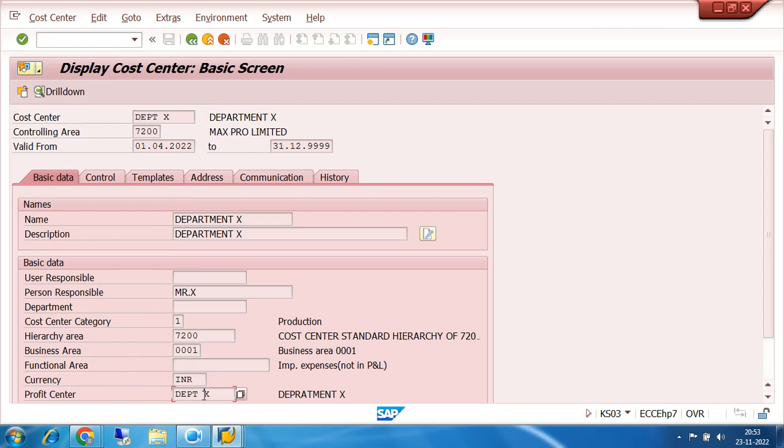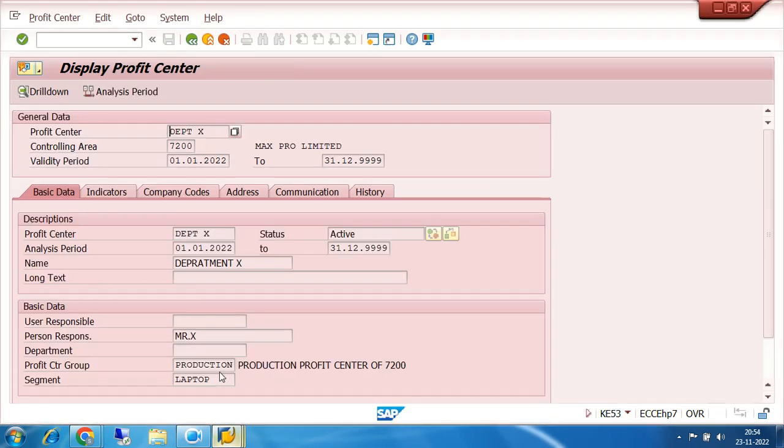It means the same transaction is copied under the profit center which is linked with the cost center, right? Similarly, in my profit center, I have linked the respective segment. So automatically what will happen? The logic is, every expense transaction will be reflected in the Department X cost center, the Department X profit center, as well as the segment laptop, right?